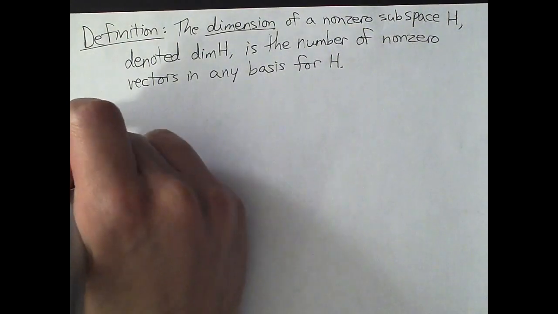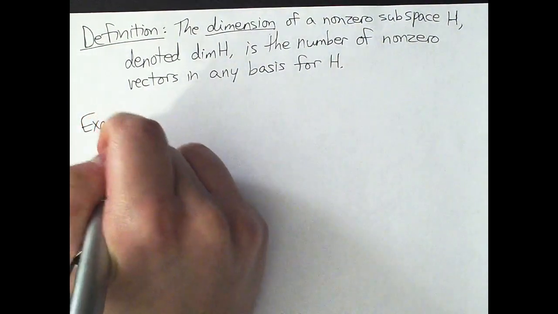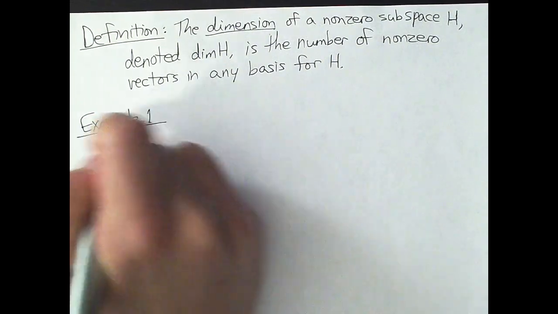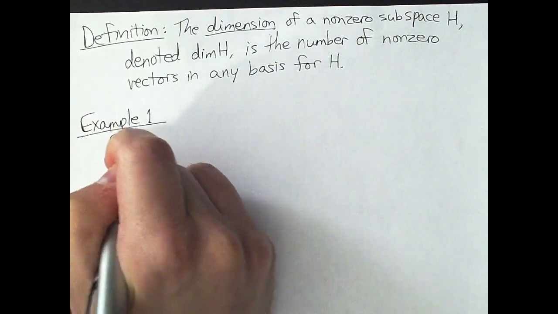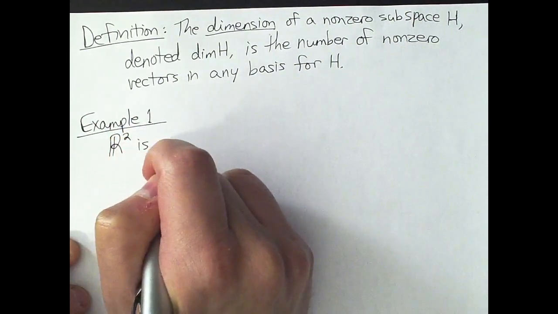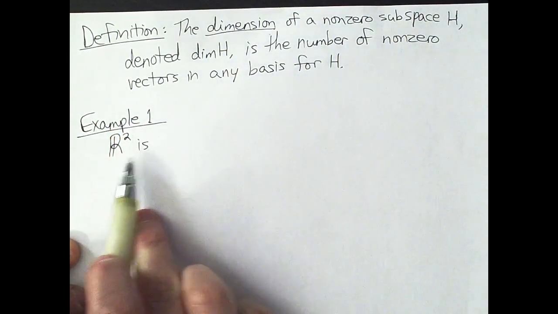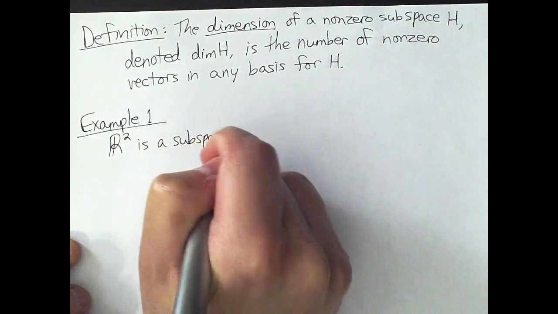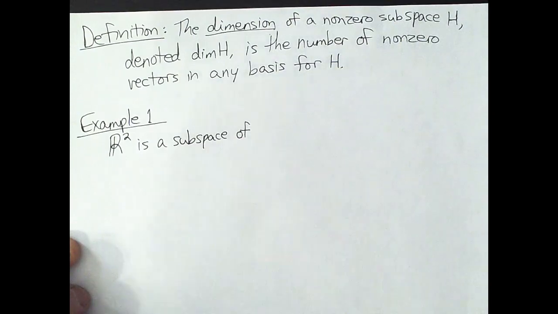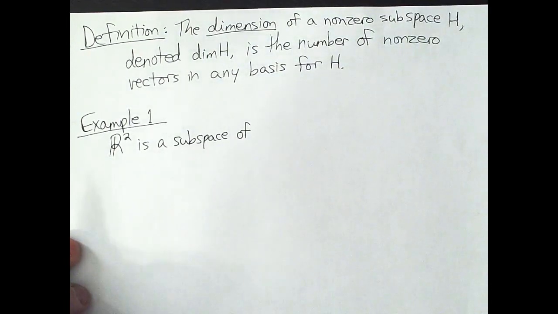So example 1. Seems like it's always going to be a positive integer. R2 is a subspace of, what do you think I'm going to say this is a subspace of? I know I keep asking you to finish my sentences for me.